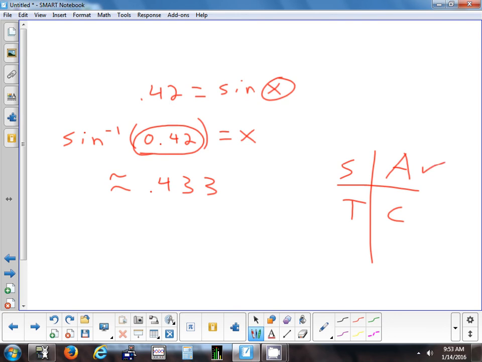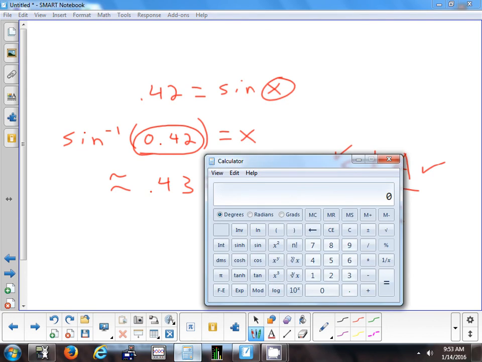You got an answer here. Other answer is right there. So I have my reference angle, 0.433 radians, and we do pi minus my reference angle. So about 2.709.